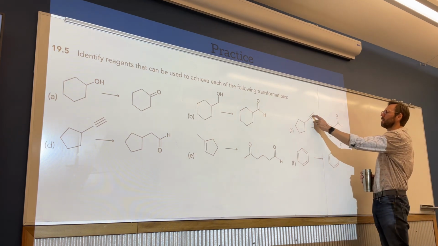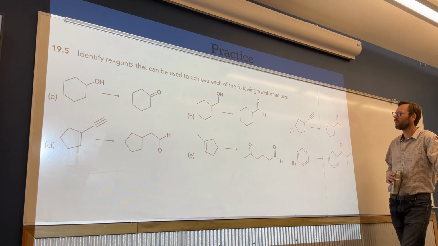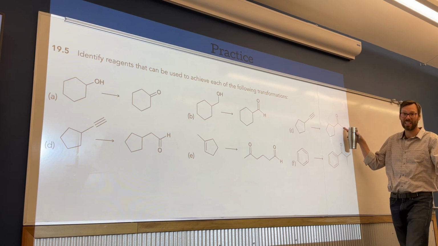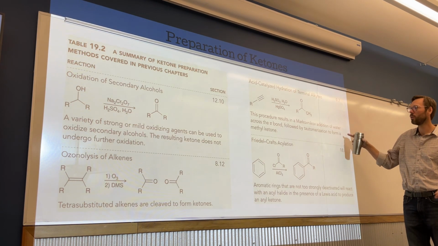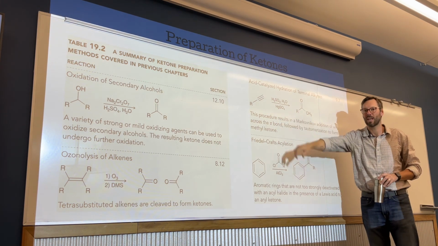C, again, we have our ethyne, and that one is Markovnikov. We're making a ketone, so that tool is going to be here, the acid catalyzed reaction.